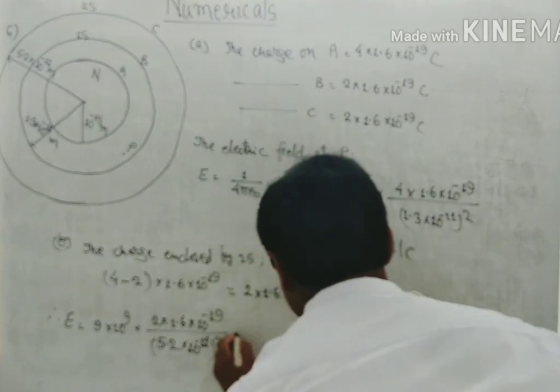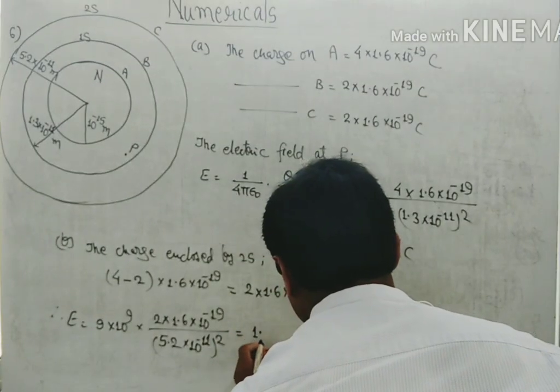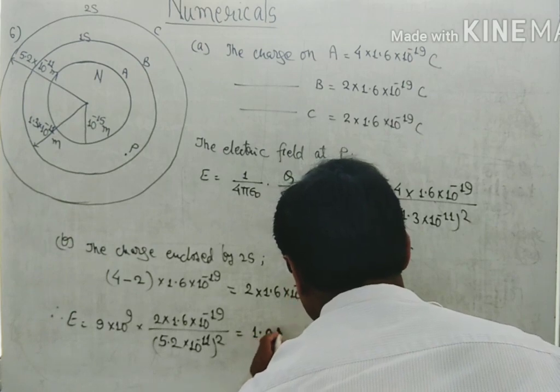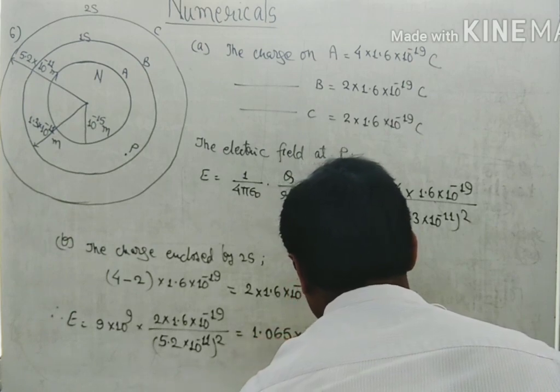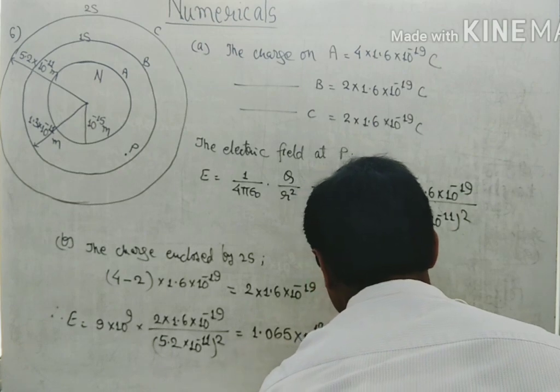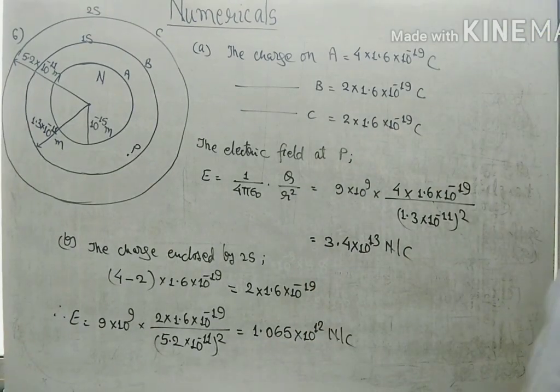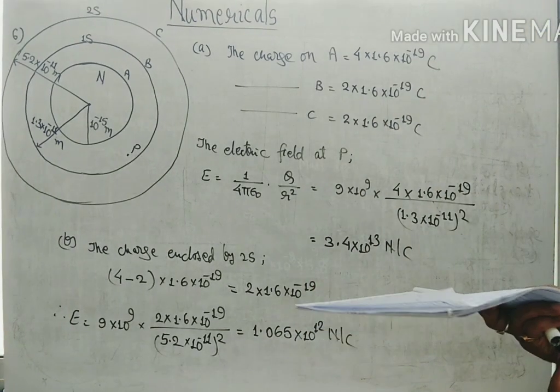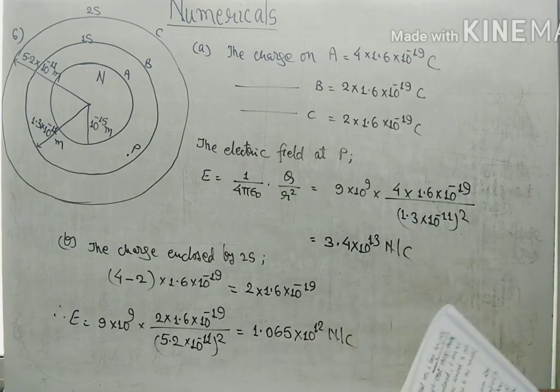So students, just solve it. You'll be getting approximately 1.065 into 10 to the power 12 Newton per Coulomb as the answer. So this completes the solution for the question.